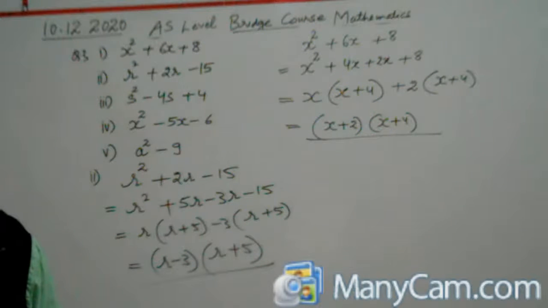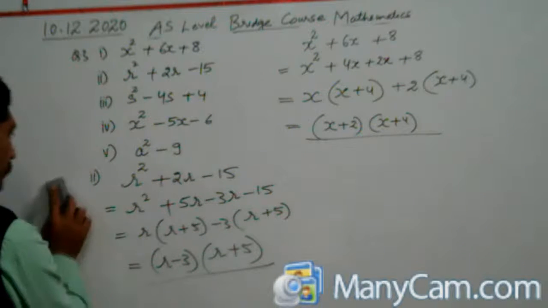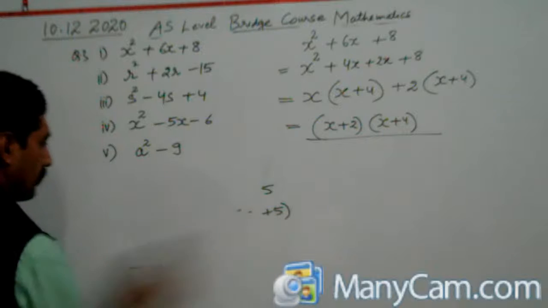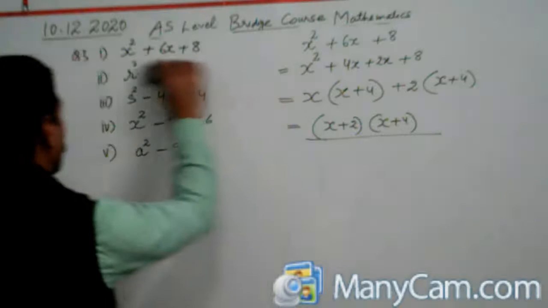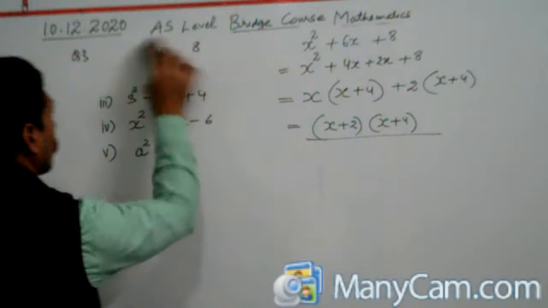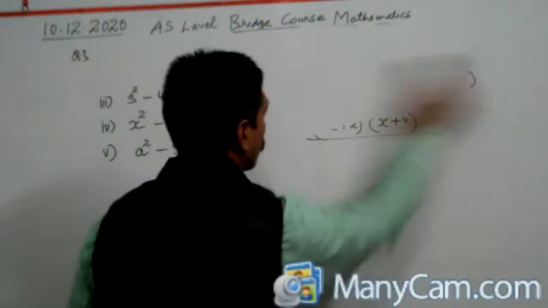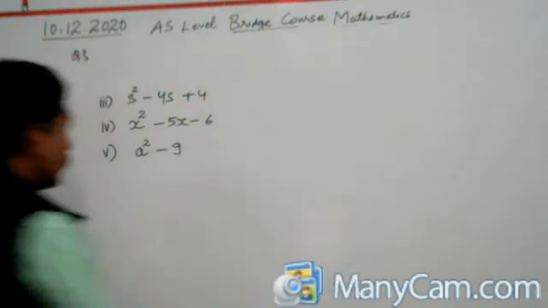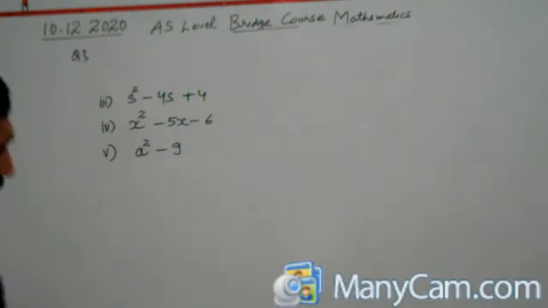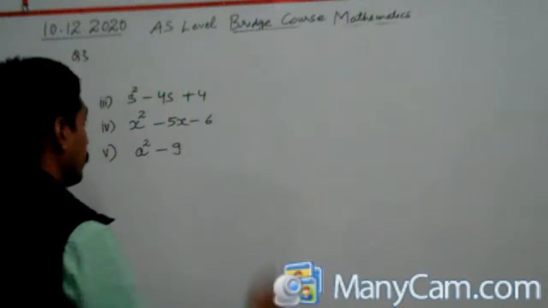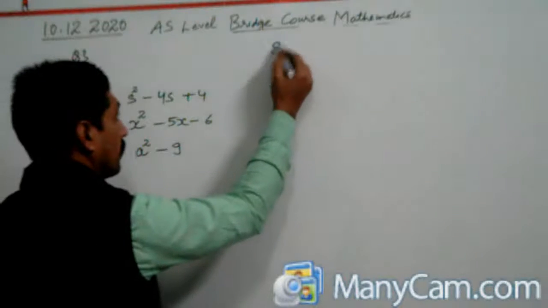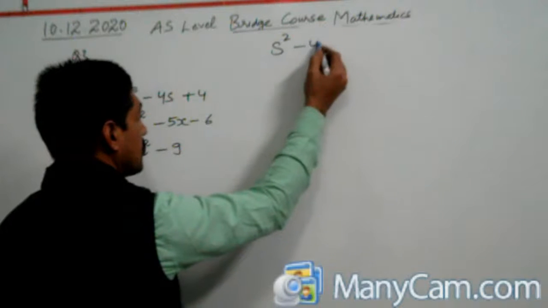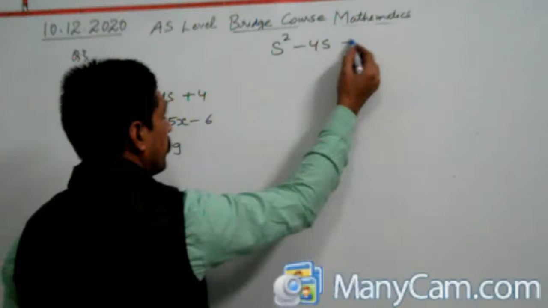The third one is s square minus 4s plus 4.